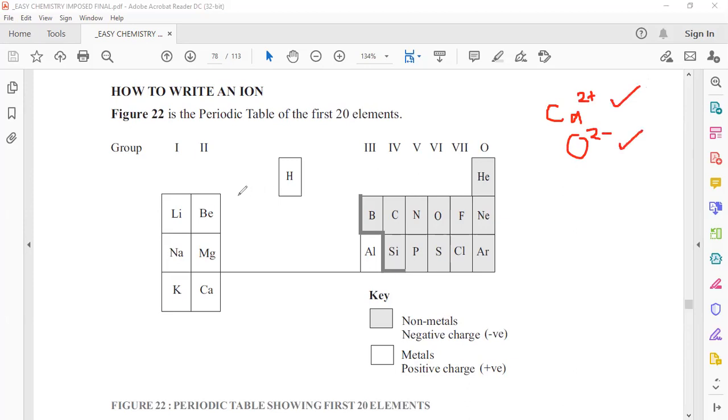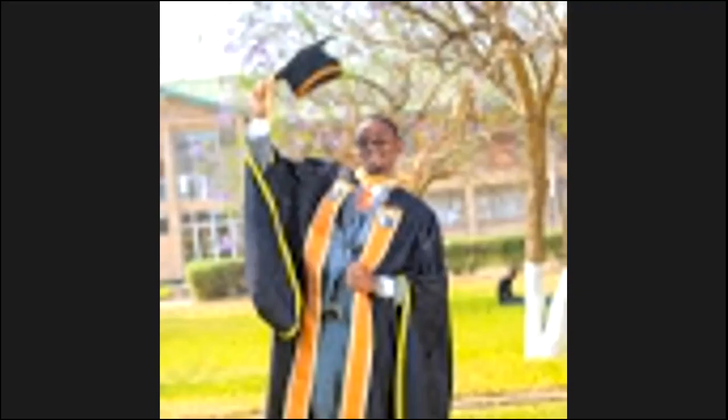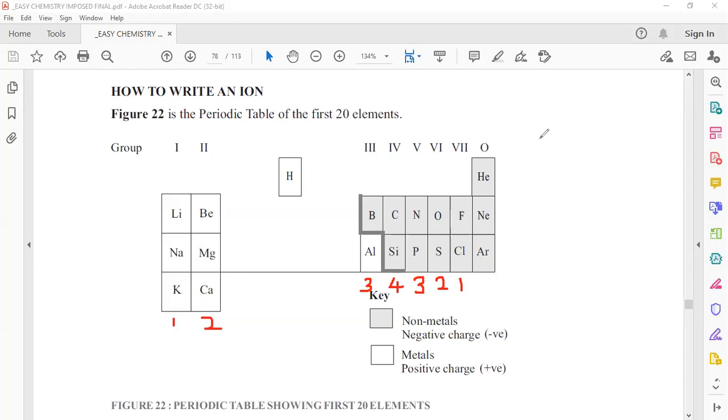I explained in the previous lesson that what is important is we have to know the valence numbers of these particular atoms according to their respective groups. So we said group 1, the valence number is 1.